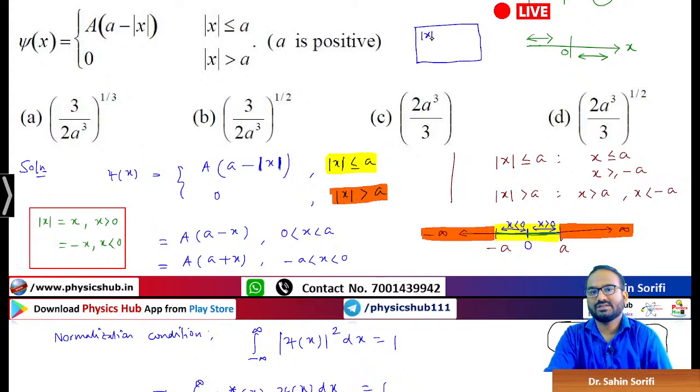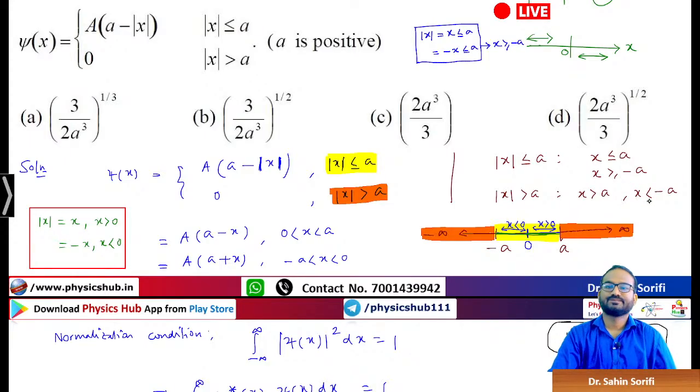When we consider it to be plus x, this is less equals to a. Now mod x equals to minus x, this is also less equals to a. So that means x greater equals to minus a. That is why we have written this.